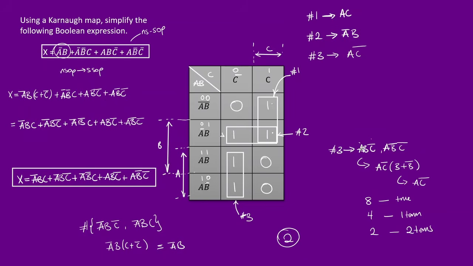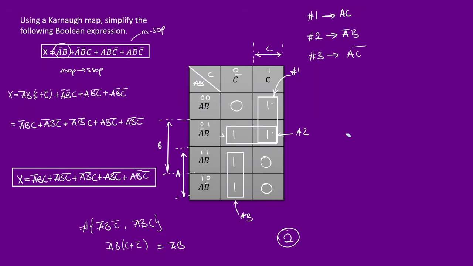So to now finish up the Karnaugh map problem, we are now going to OR what we got for each term. All right, so we now have X is equal to AC or not AB or A not C. We can try and do a handful of manipulation with this.